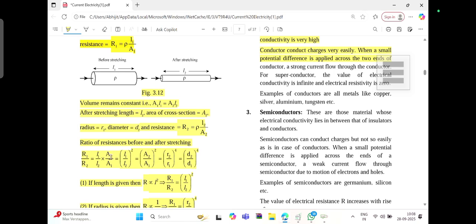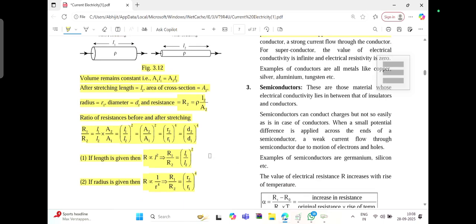So A2 by A1 is directly proportional to L1 by L2. From here you can calculate A1 by A2 is equals to L2 by L1, or A2 by A1 is equals to L1 by L2. The result is in front of you. I have already discussed it in classes also.